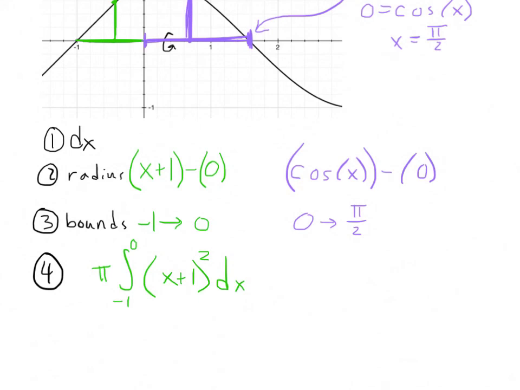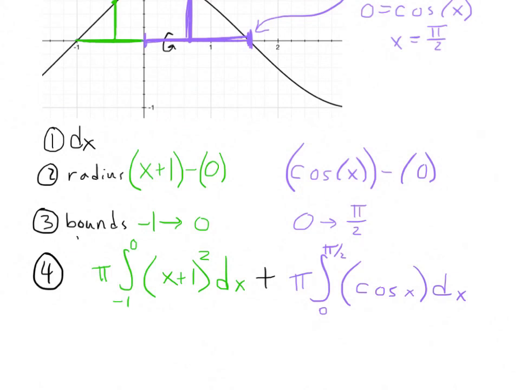To be fair, I'll put the plus symbol in black. And then the purple one, we've got pi, the integral from 0 to pi over 2 of the radius, which again we can simplify from up here. The radius was cosine x dx.